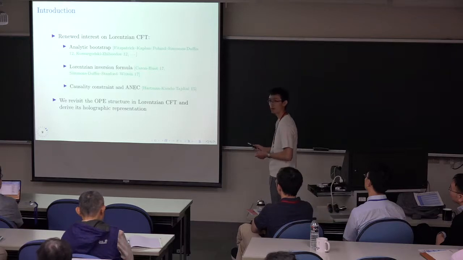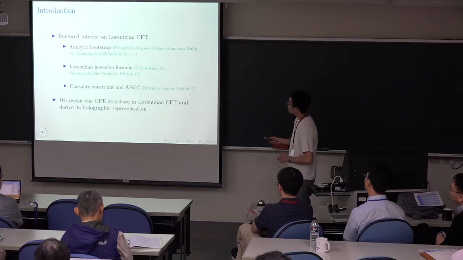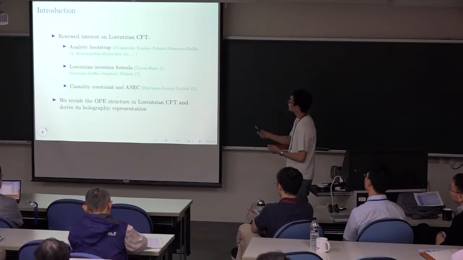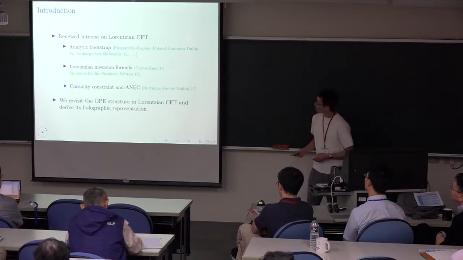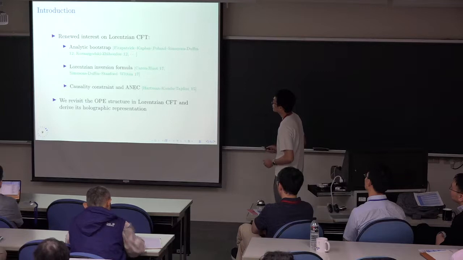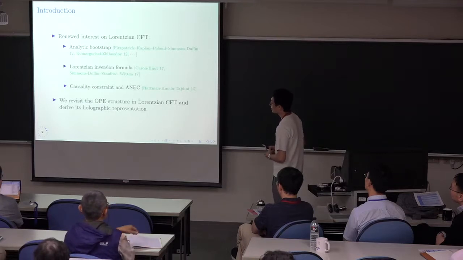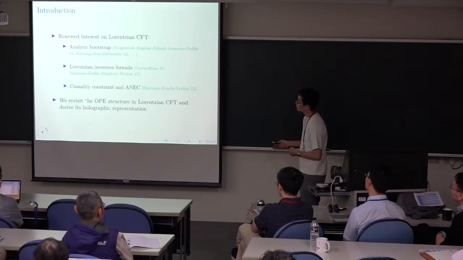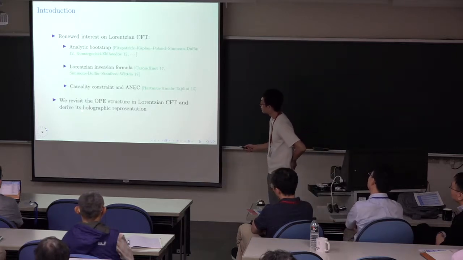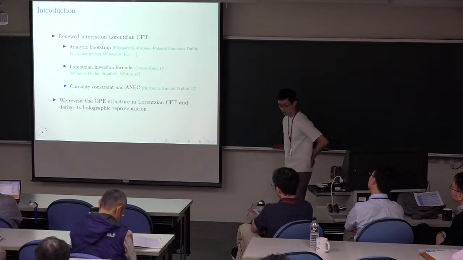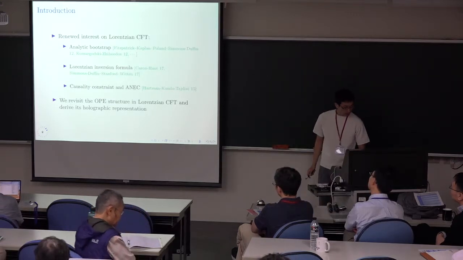But this can be derived on the bootstrap side using some Ward identity constraint and also using the positivity of the OPE. So there are many interests in Lorentzian CFT. I hope to revisit the OPE structure of the Lorentzian CFT, and I want to derive some holographic description of the block.